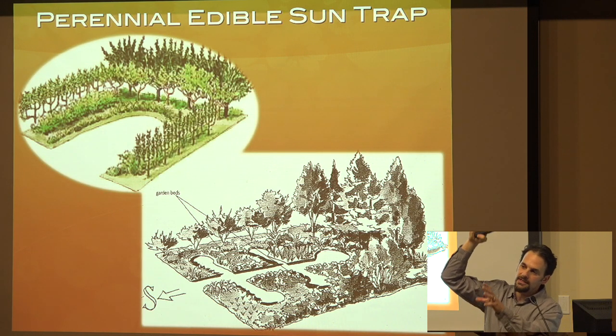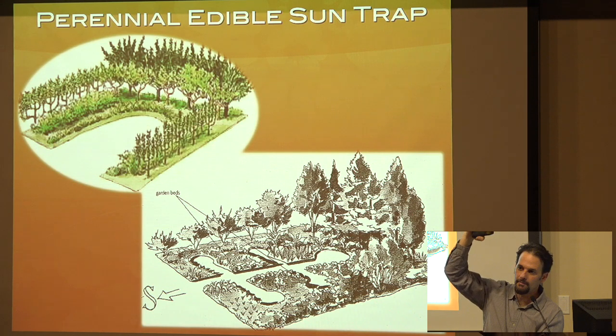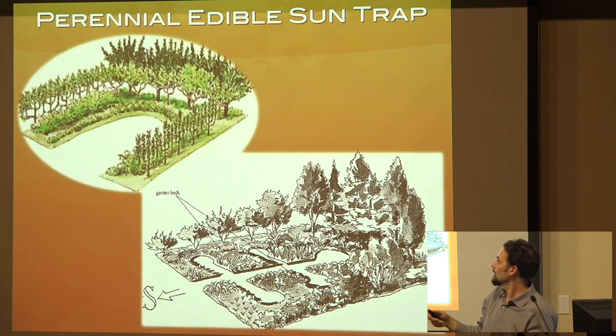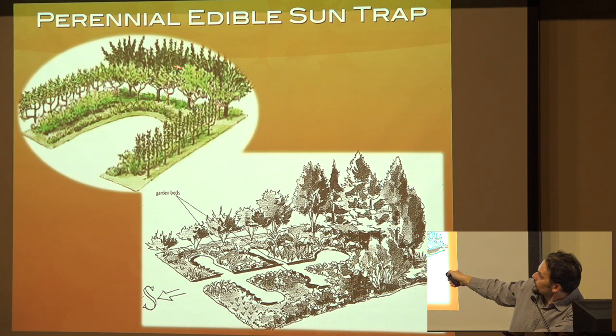We've got tall trees and low trees and shrubs and herbaceous perennials and ground covers and root crops and mushrooms, all in this multi-species polycultural system. And then you take that and you make it into a sun trap. So we've got tall tree layer, low trees, shrubs, herbaceous perennials.